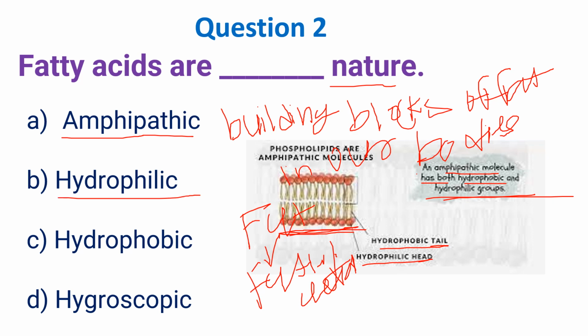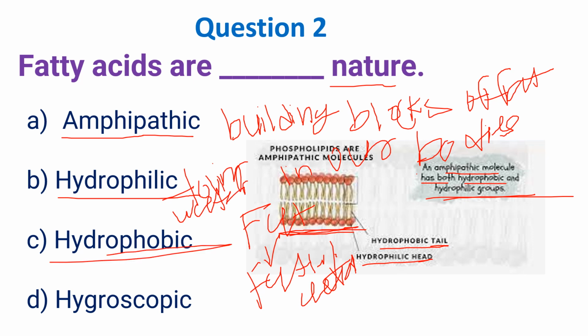What is hydrophilic? A hydrophilic group is a material that is water loving and has a tendency to be wet by water. And what is hydrophobic?